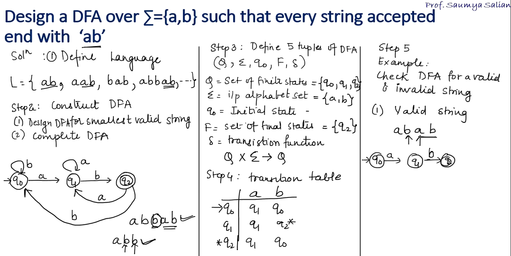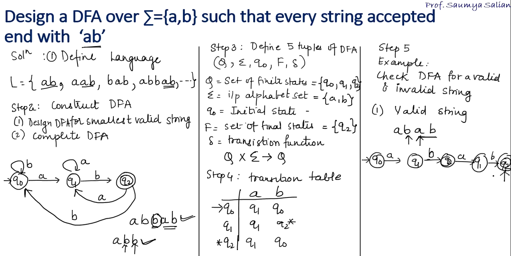Next I have input A. Q2 on getting an input A is reaching Q1, which is non-final, and Q1 on getting input B is reaching the final state, that is Q2. So at the end, I am reaching the final state.